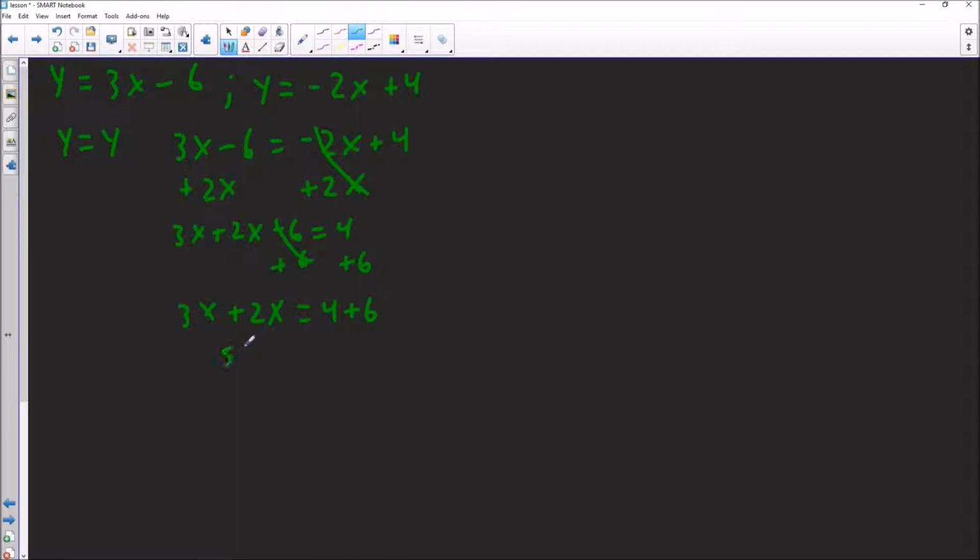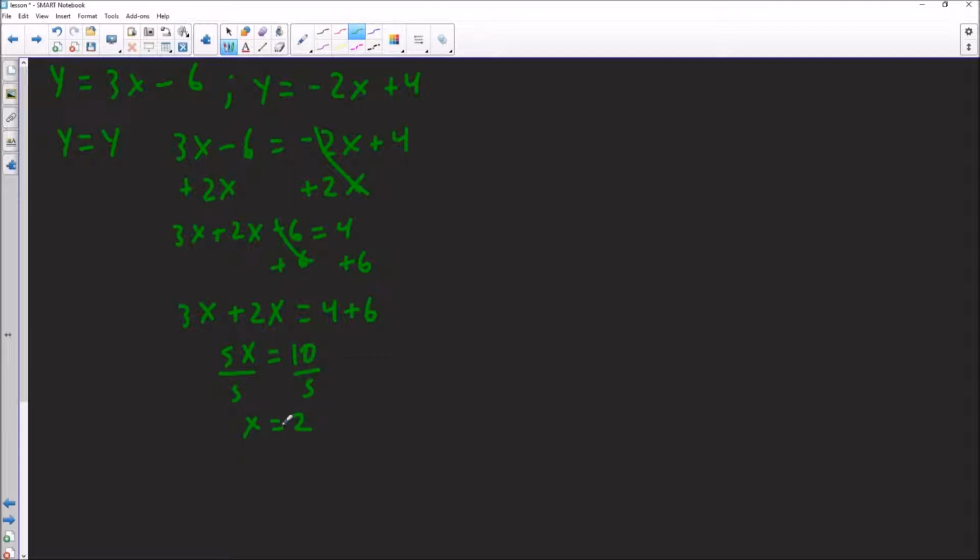So then 5x, right, because we have 3x and then 2x equals 5x, so 5x is equal to 10. We divide by the 5 to get x by itself, and we have x is equal to 2.